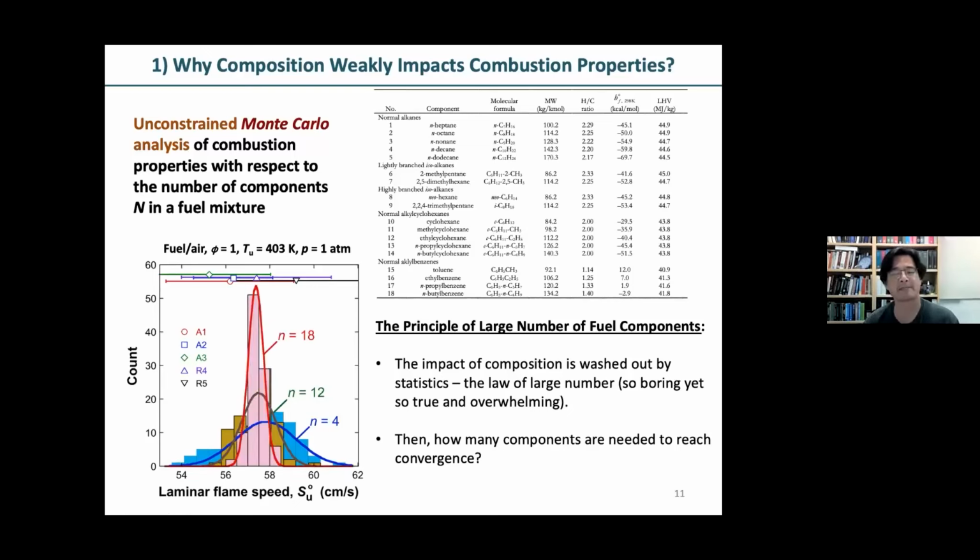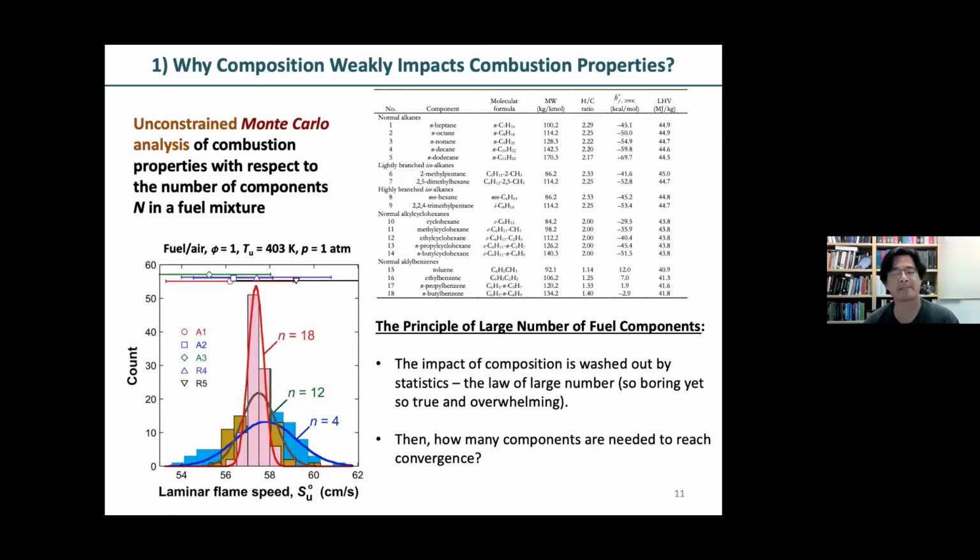You see here that at about 12 components, for example, your 2 standard deviations in flame speed have dropped to within about 1 centimeter per second. And this is roughly how accurate flame speed measurements are. So if you were to do flame speed measurements, and the fuel composition or mixture you have, you're roughly going to get the same flame speed within the experimental measurement uncertainty, for lean, stoichiometric, and rich mixtures.